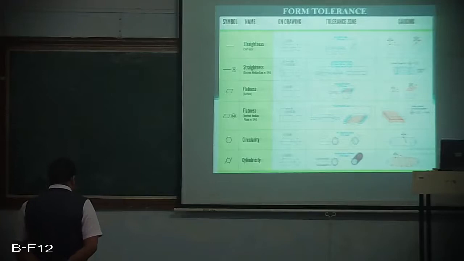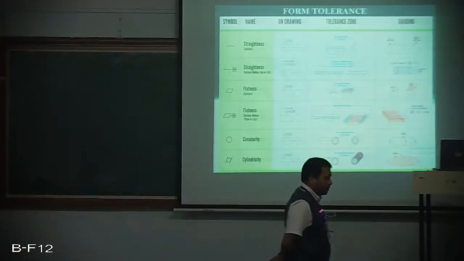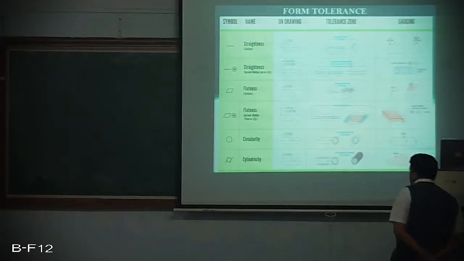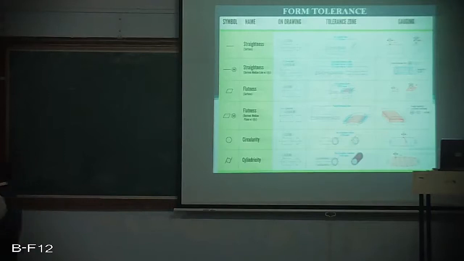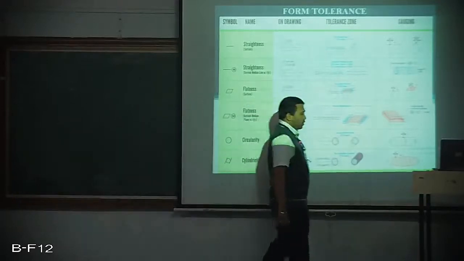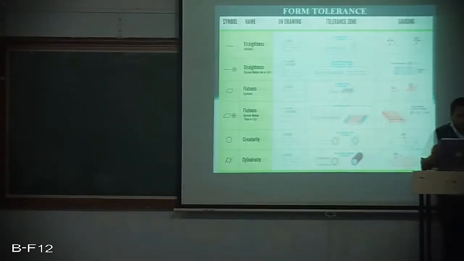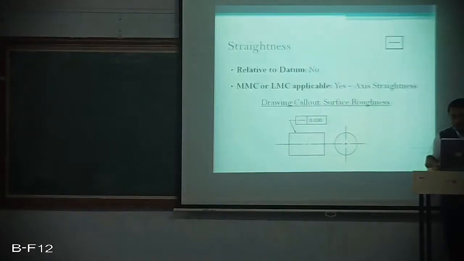If you want to control the plane of any surface of a part, we use flatness. And circularity, if you want to control any circular feature of any circular part, we use circularity. If you want to control the cylindricity of any circular feature of a part, we use cylindricity. This is how we are going to use it.